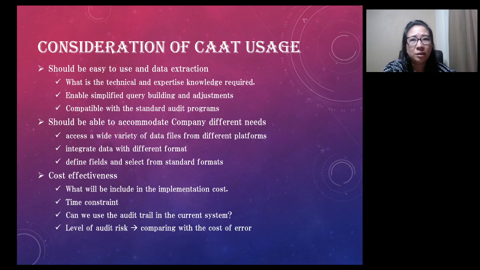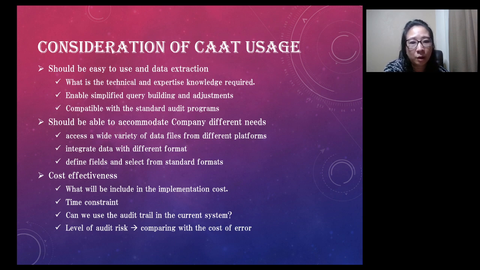If the CAAT tool is expensive, and then we need training again, we need a specific environment, which is very expensive, then we need to reconsider it, because remember that the CAAT tool is like a supplement, meant to help us. It's not the main focus of the audit. So we need to be careful not to let the CAAT tool become another burden for our auditing process.